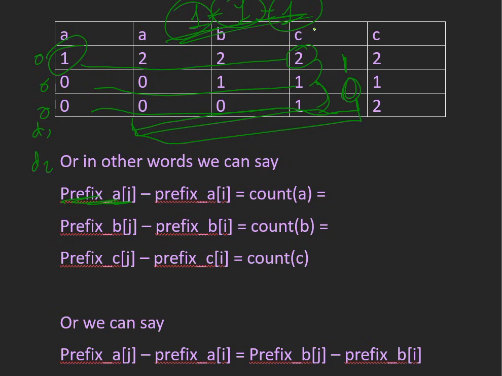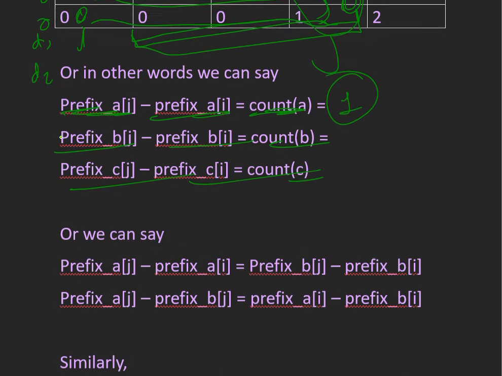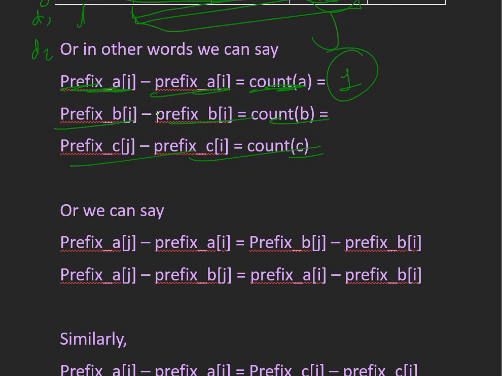Prefix of A of J, let's say this is J, minus prefix of A of I, let's say this is I. This will give us the count of A, which is 1 here. Similarly for B, similarly for C. If we solve these three equations, these two equations are equal.